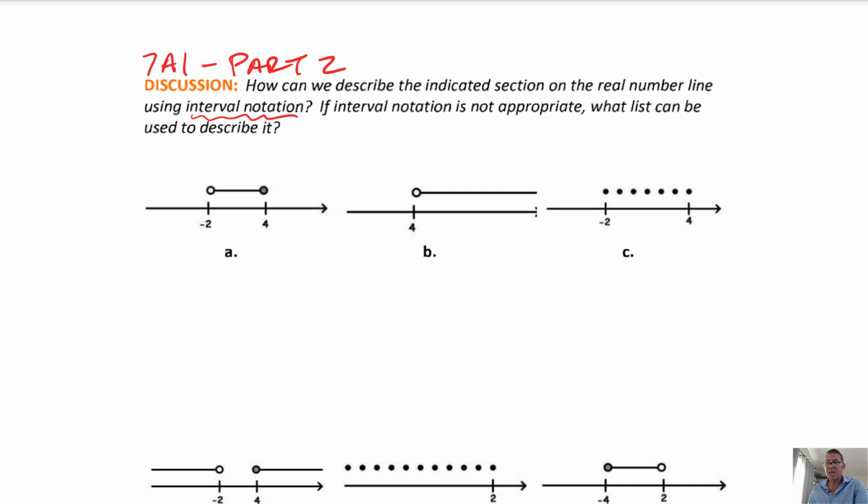We're going to use interval notation if possible. So let's highlight that: use interval notation. If it's not possible, if it's not appropriate, then what list can be used to describe it, as you're going to find out. Sometimes it's possible using interval notation, but if it's discrete, like in the third one here, we're going to have to write it a little bit differently.